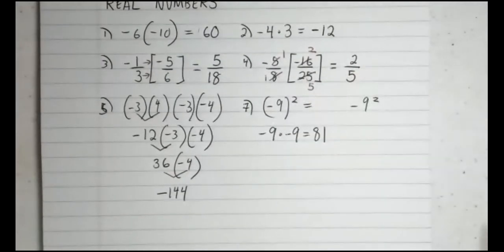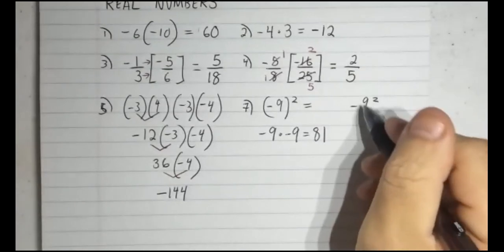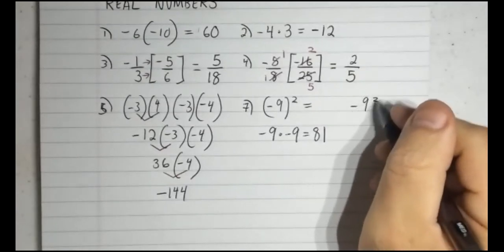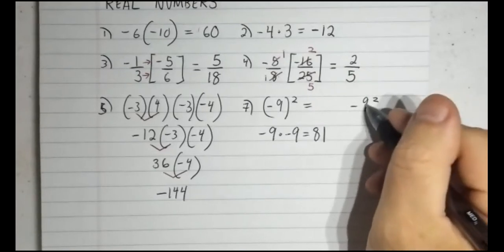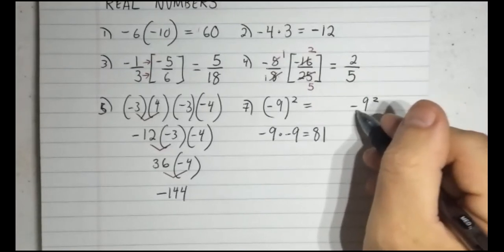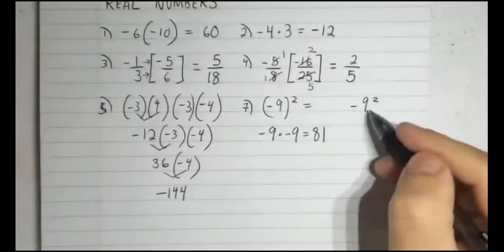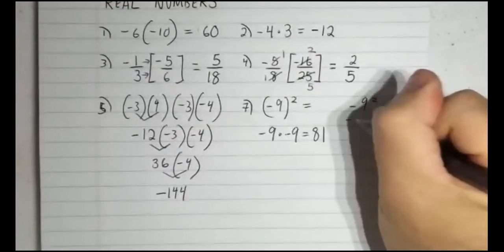And then 9 times 9 gives me a positive 81. What I want you to understand is there are no parentheses around this negative value here. So really what they're telling you to do is to do this exponent first, and then we're going to make it negative. So a good habit to get into is when you don't see those parentheses, understand this is what's going on.